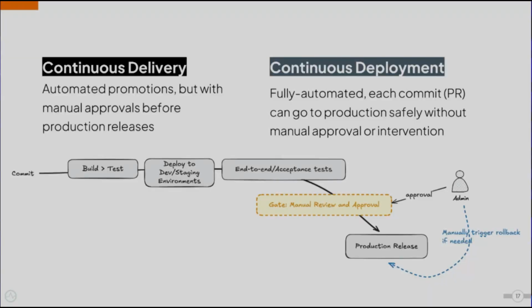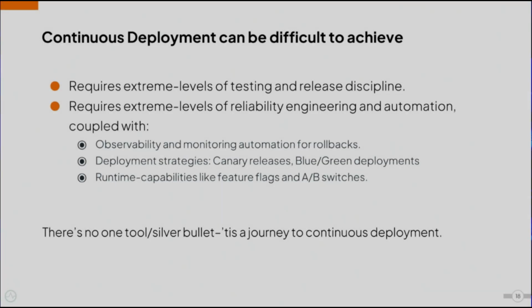Continuous deployment, on the other hand, is the extreme end of that spectrum. Basically, if you merge a PR or a commit, it just goes to production. So you need to have absolute faith in your release pipeline to pull off continuous deployment.